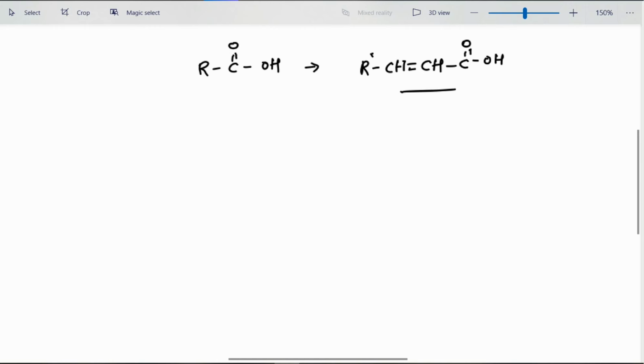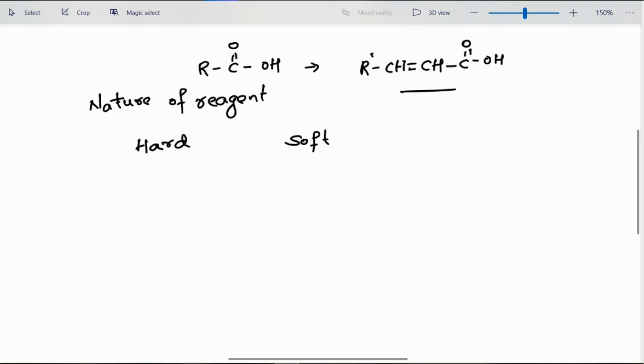Now let us discuss the nature of a reagent. Usually, a reagent, depending upon its nature, is classified into two types. One is hard reagent, and the other is soft reagent. So what do hard and soft reagent mean?